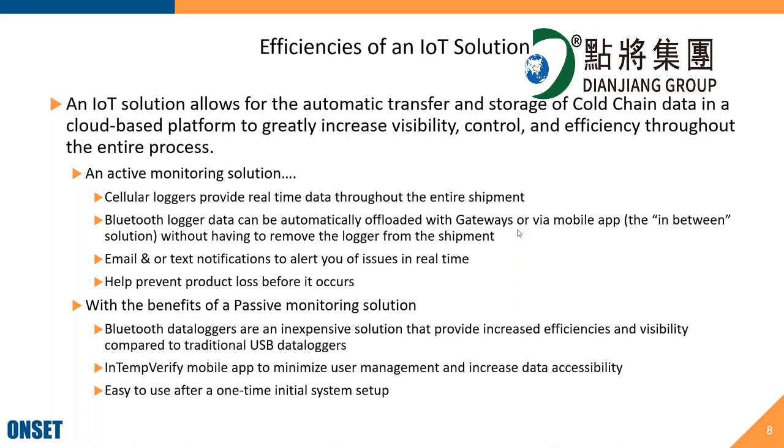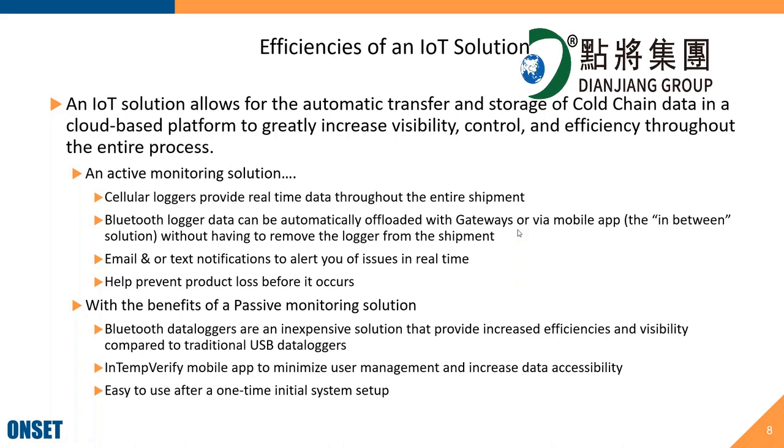Talk with your supply chain partners to figure out how to fix it. So all that helps you to prevent product loss before it occurs. And then again, you'll see that the cellular and Bluetooth IoT solution will open you up for a lot of automation and the ability to customize device behavior, customize data, and get a lot of value for the price that you're paying.